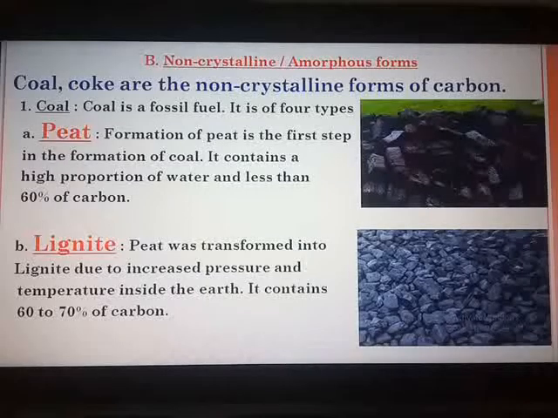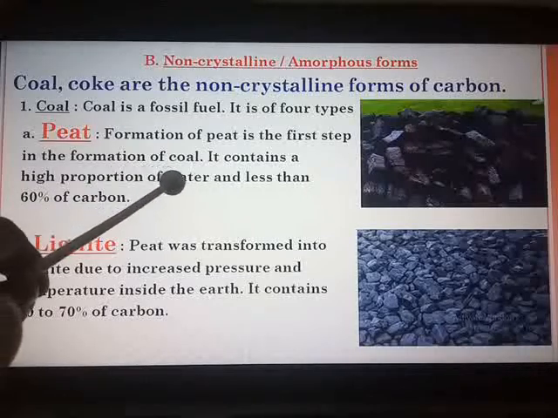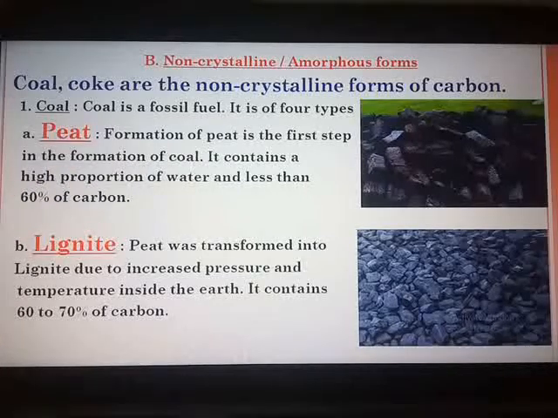That is the pre-primary, then the primary, then the secondary and the higher secondary. So similarly, when this coal was formed, it was formed in different steps, and here peat is the first step, which has 60% of carbon, high proportion of water and less percentage of carbon. So when you burn it, not much amount of heat can be obtained from this peat.